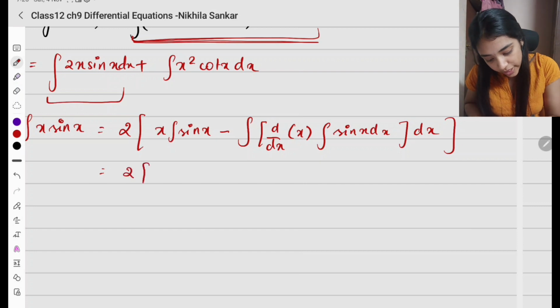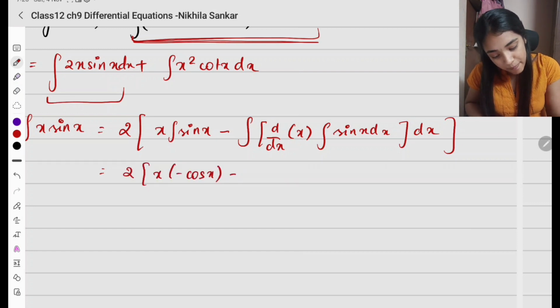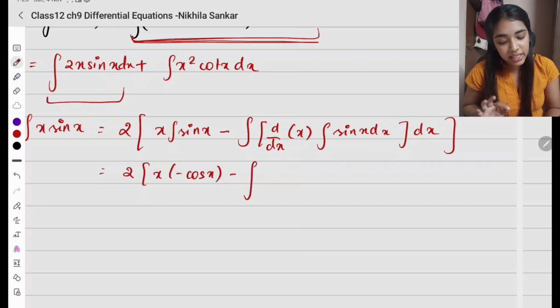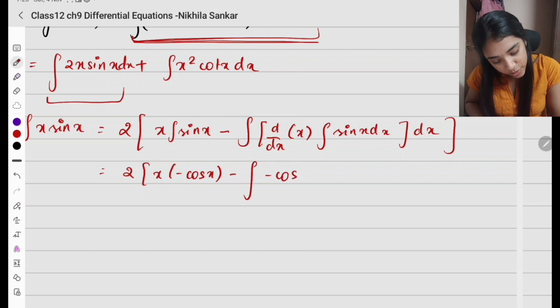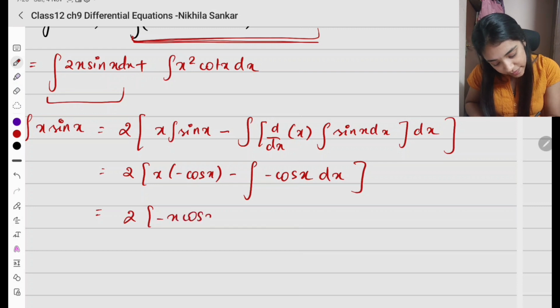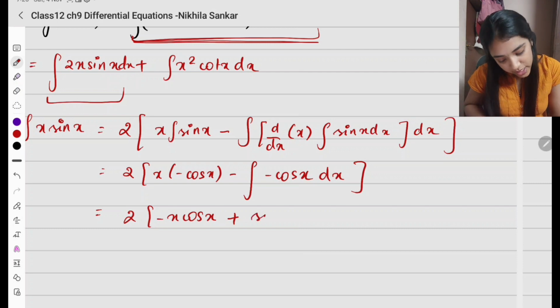So this is 2 times x into integral of sin x, which is minus cos x, minus integral dx of x, which is 1, times integration of sin x, which is minus cos x, dx. Now this is nothing but 2 into minus x cos x plus integration of cos x, which is sin x. The minus one becomes plus.